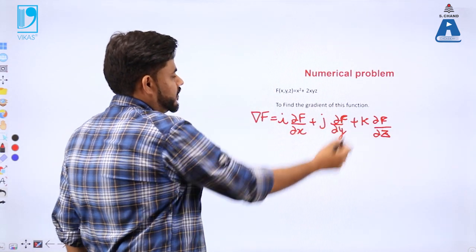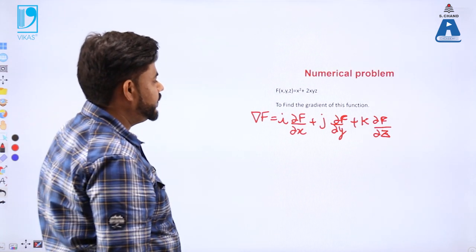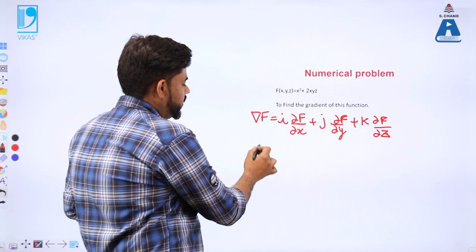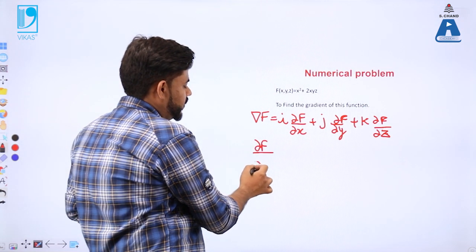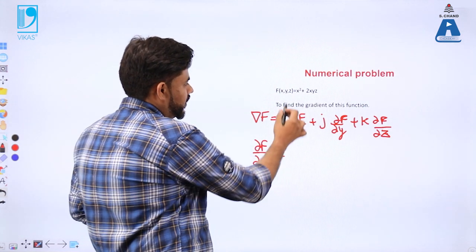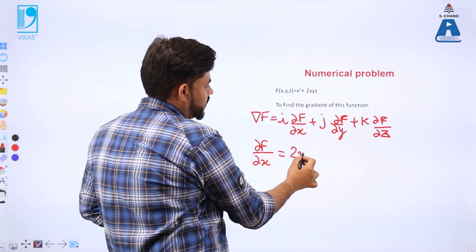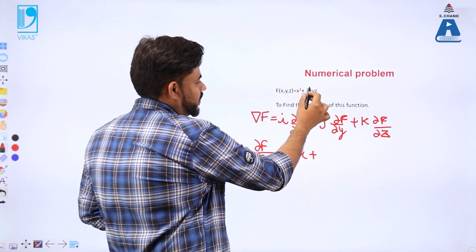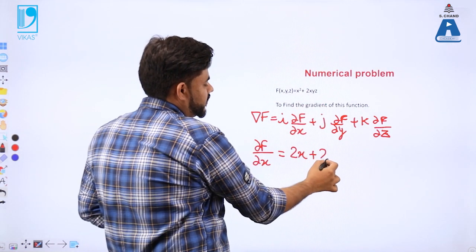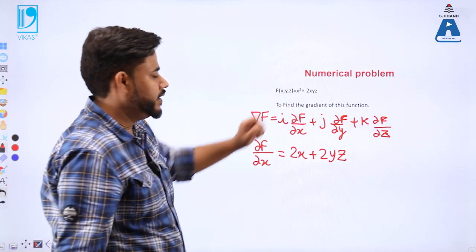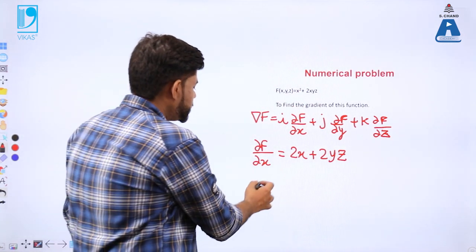I need to find del f by del x, del f by del y and del f by del z. So I need to differentiate it. X square has a derivative 2x, and 2xyz would have the derivative 2yz, because the derivative of x would be 1.